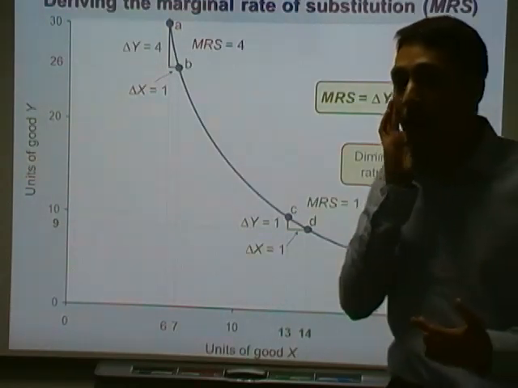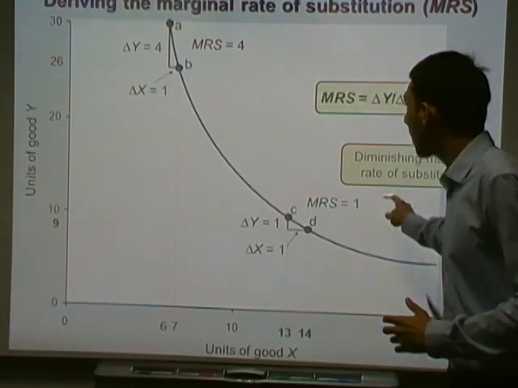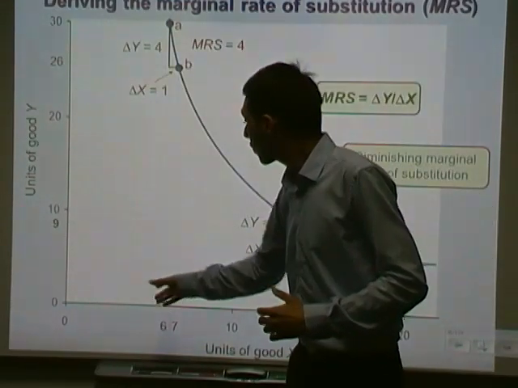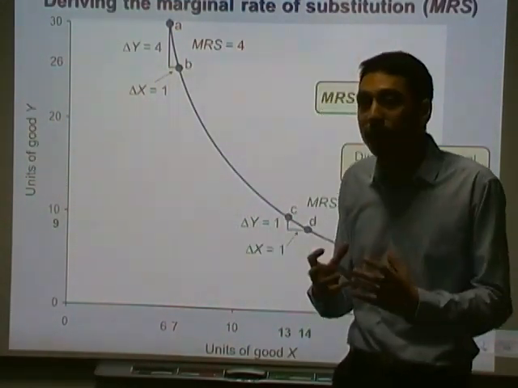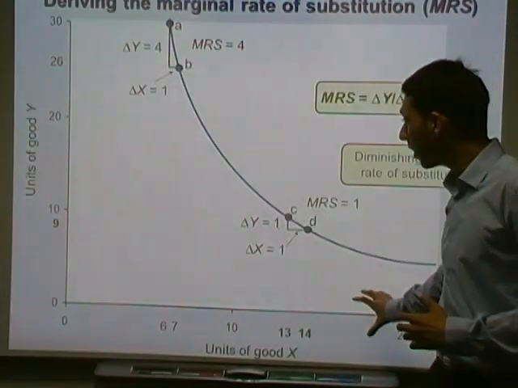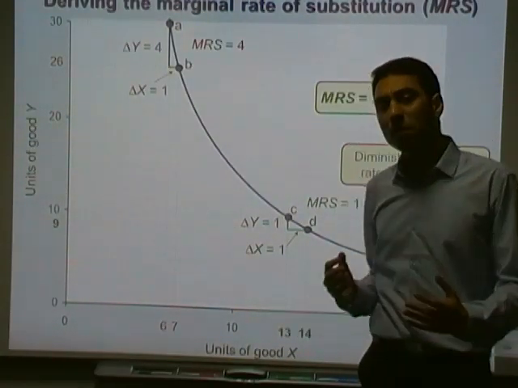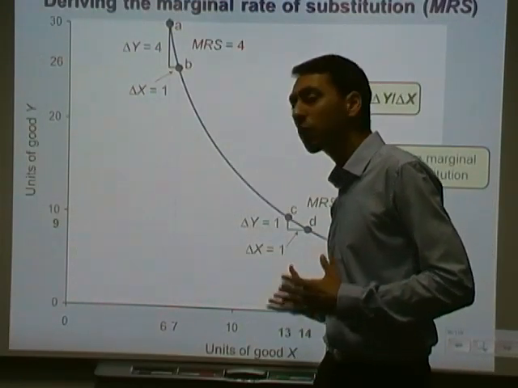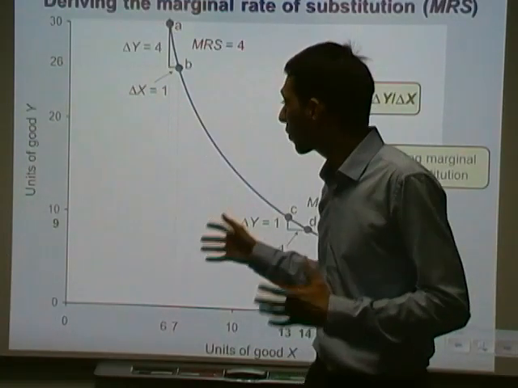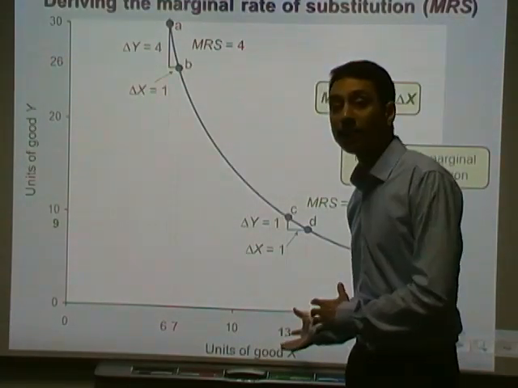And why does it happen? Because of diminishing marginal utility, we value more of good X when we have less of X, and we value less of good Y when we have more of good Y. Whereas over here, moving from C to D, we have a considerable quantity of good X, whereas we have depleted our stock of good Y, so we value good Y more than we value good X now.